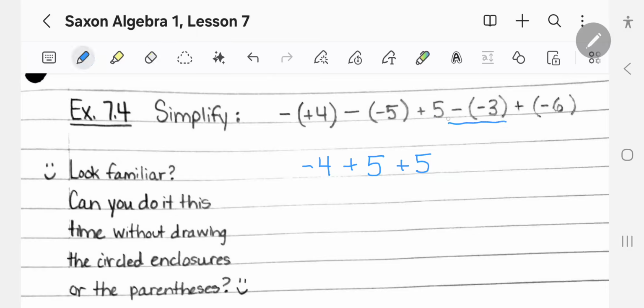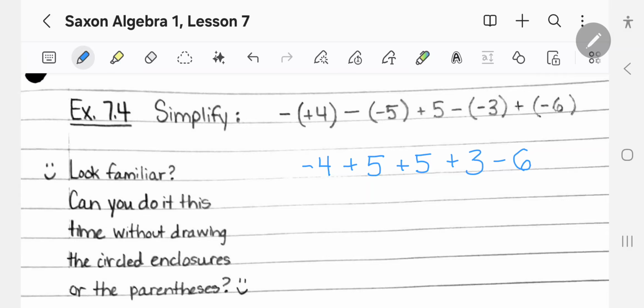And then here, the opposite of negative 3, which would be a positive 3. And then we have here plus a negative 6. Adding a negative 6 is like subtracting 6, or you could say plus a negative 6. It would be the same thing.